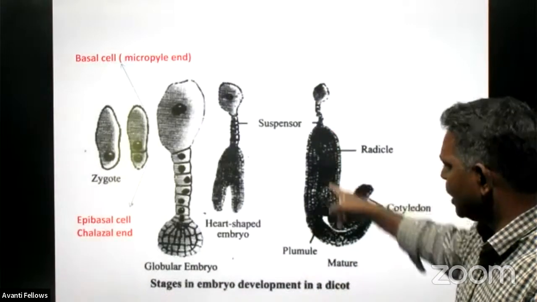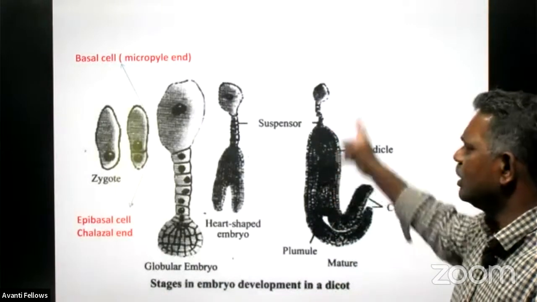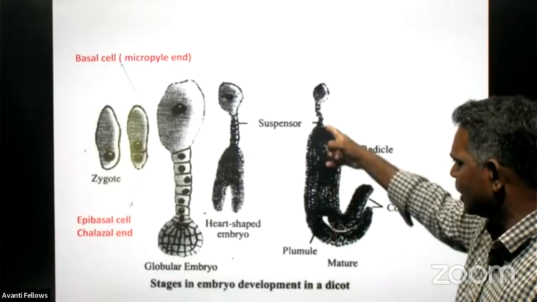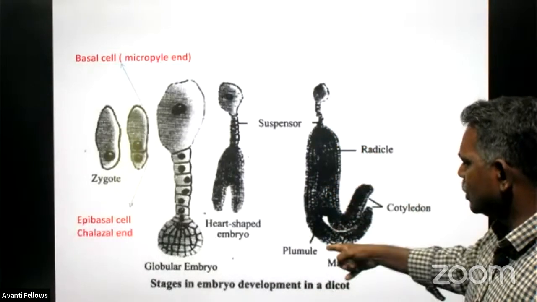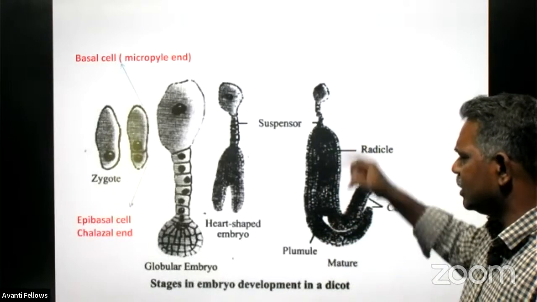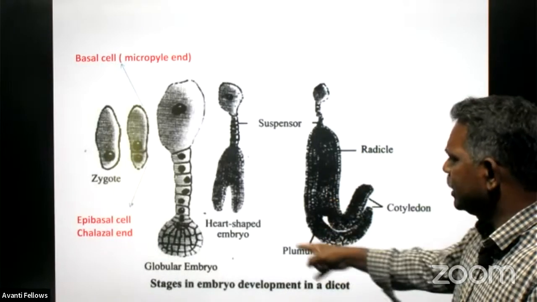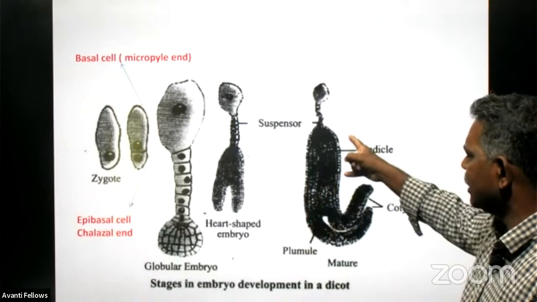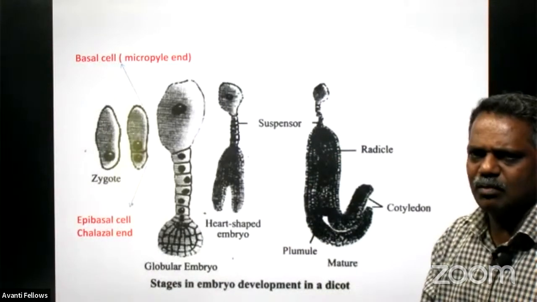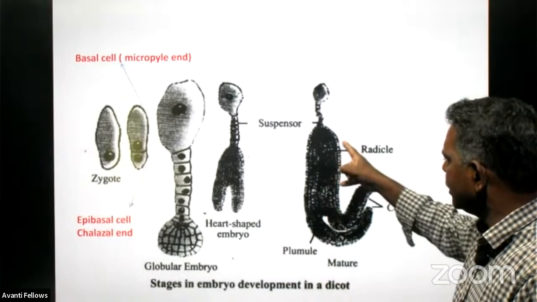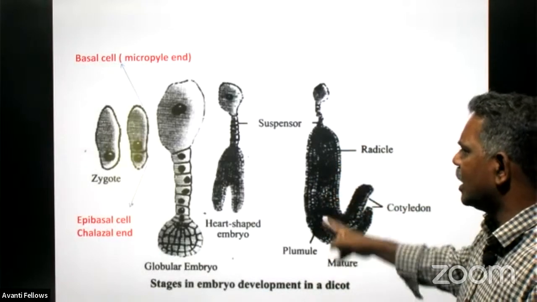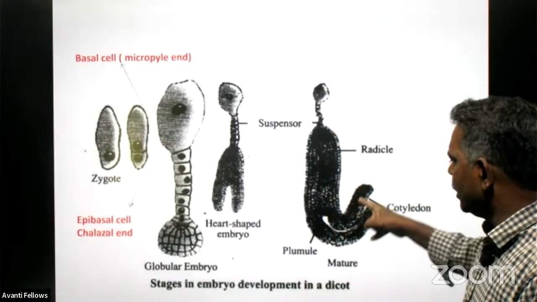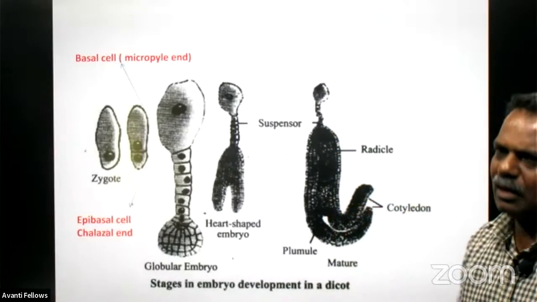You know, this is the embryo, and this embryo develops into a plantlet. The embryo consists of the embryonal axis, and there are two regions, one is the plumule and another is the radicle. The plumule is the future shoot system, and the radicle is the future root system. The root and shoot system of the plantlet are developed from the embryonal axis by using the food material stored in the cotyledon.